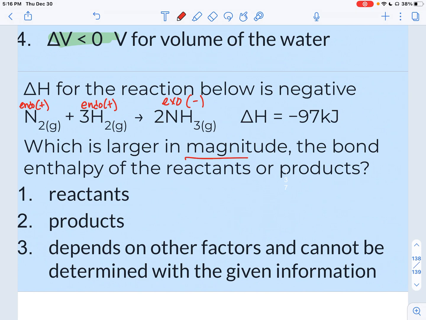And they're talking about magnitude, so we're looking at magnitude. Since the bond forming is the one that releases energy, and the overall reaction releases energy, we must know that the products are going to be larger in magnitude.